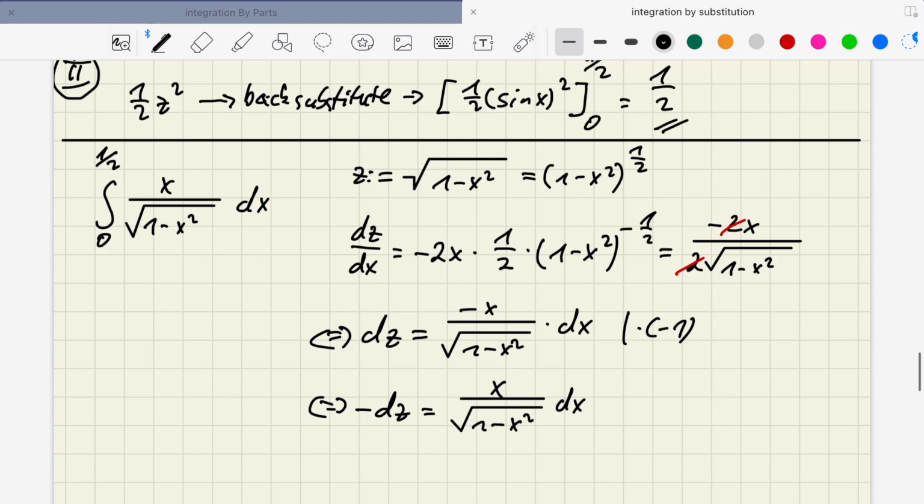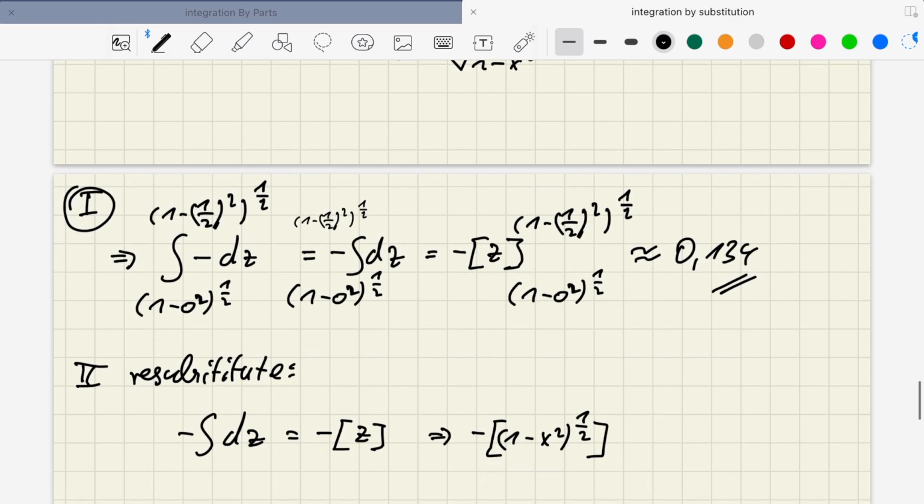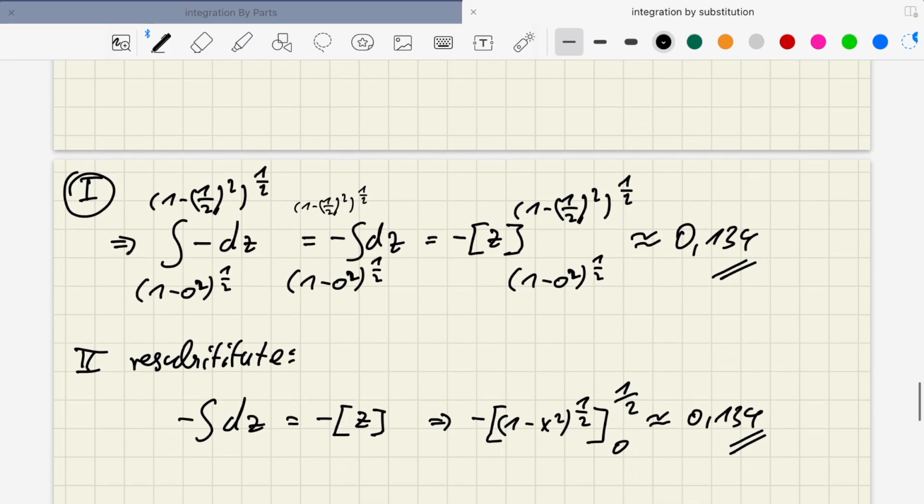You put in the original borders, 0 and half, and that comes out to the same 0.134. Okay, so we have the two methods.